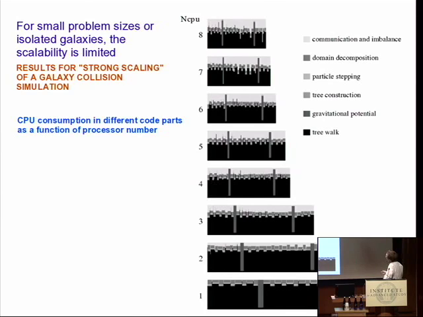And the most time-consuming part here are the gravitational tree walks. This is the black area in these rectangles. So most of the time, the CPUs calculate away on the gravitational tree walk. So that's correct. That's what should happen. Occasionally, you see other things, particle stepping or domain decomposition and so on. And then also this sort of pattern here stems from the individual time stepping in the code.